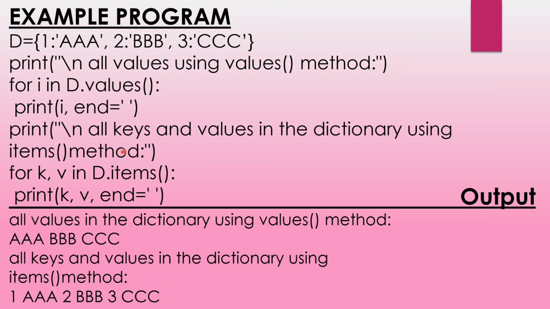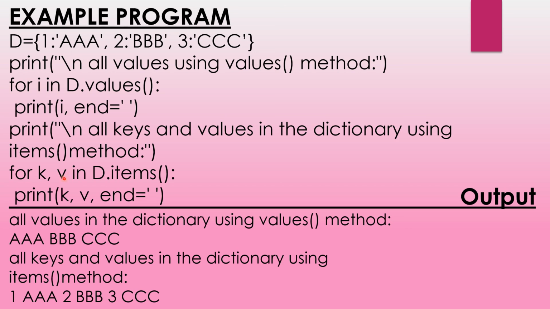So how can we print all the keys with the values using the items method? For k comma v in d dot items, here k is taken as key and v is taken as the variable for values.